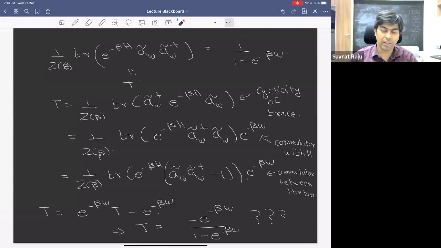So we are taking the thermal trace of an operator which is clearly positive. It's something multiplied by its conjugate. You should get something which is 1 or something larger than 0. And here we got a negative answer. In fact, the answer we were supposed to get was 1 by 1 minus e to the minus beta omega. Not only did we not get that, we got this factor of minus e to the minus beta omega.